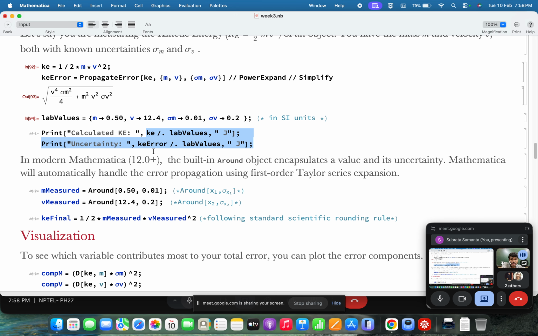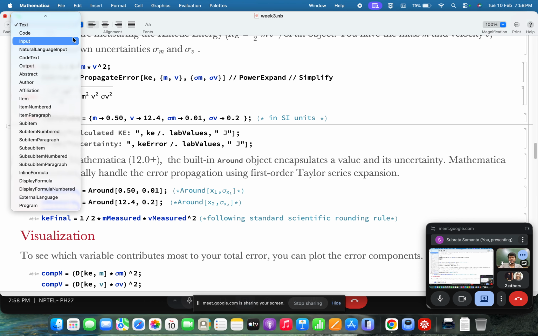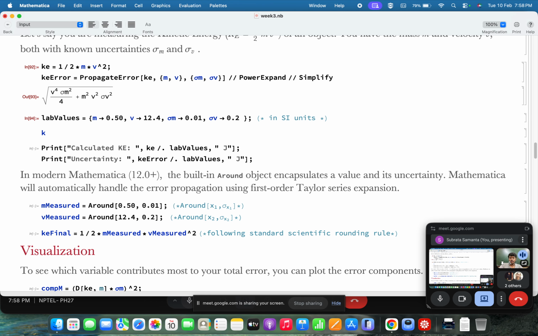This is the kinetic energy expression, the function, and I calculate it at the lab values. I already assigned my lab values to the variables m, v, sigma m, sigma v. So we just put the symbol slash dot and the lab values. Let us say I first calculate the kinetic energy, let us say k. I already assigned k equals half m v squared.